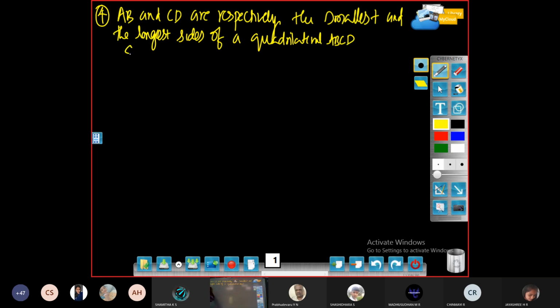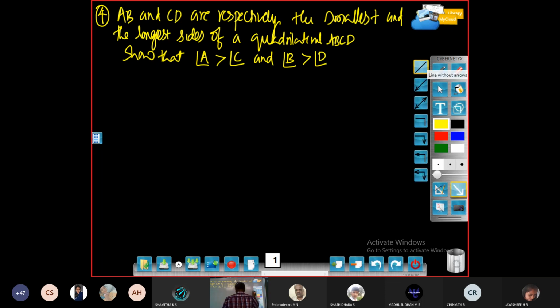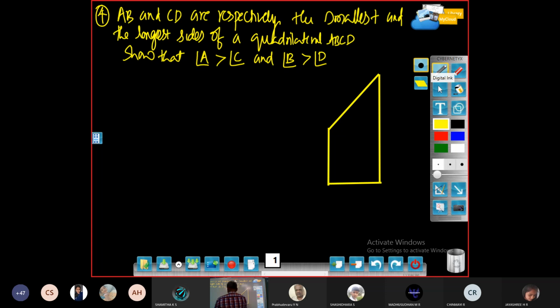Show that angle A is greater than angle C and angle B is greater than angle D. And the diagram they have given is like this. So this is A, B, C, D.